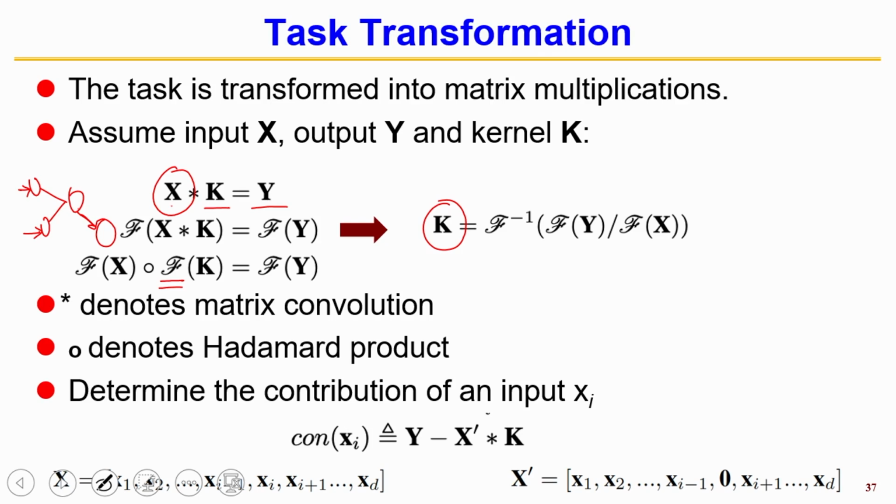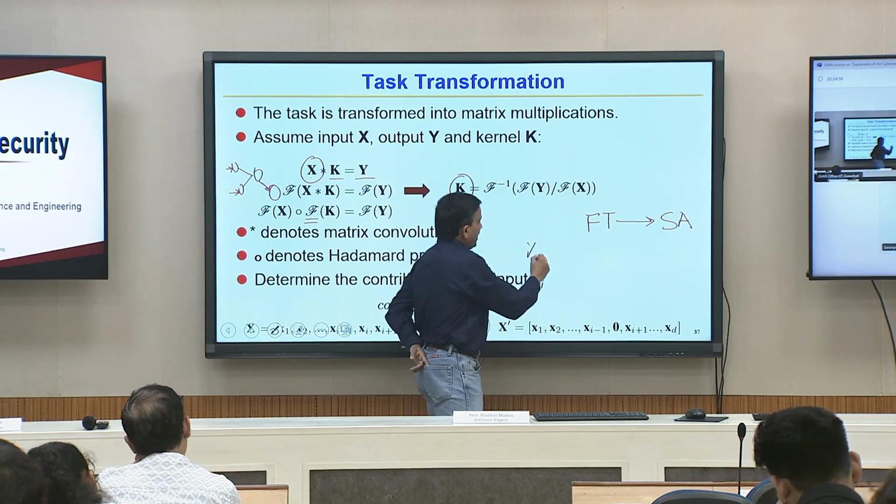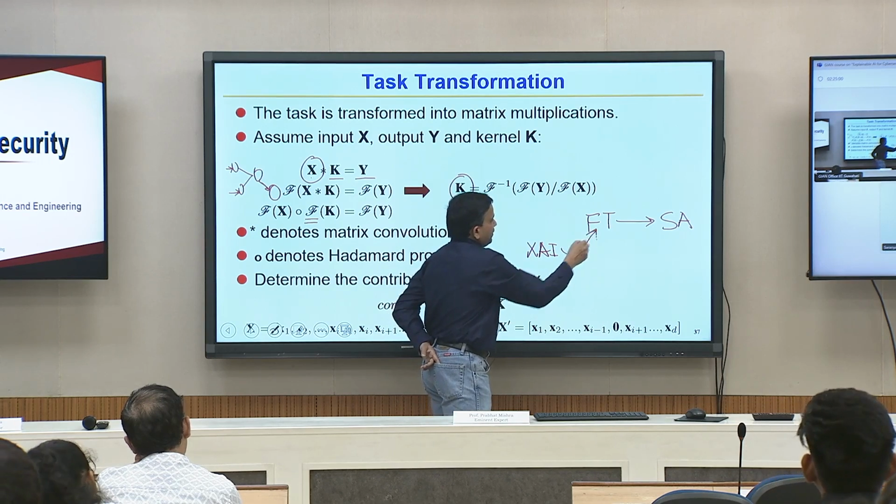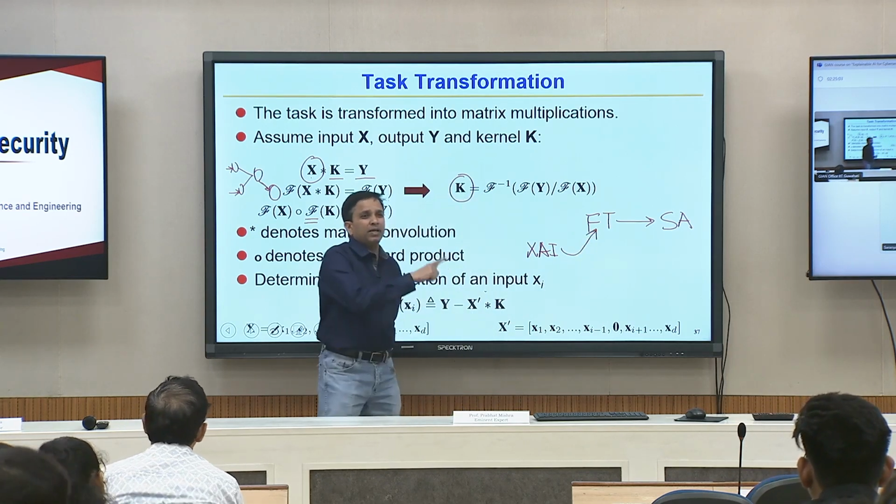So that mapping existed. What we had to do was take the explainable AI model we have, the distillation model, and if we can map it to Fourier transform, then we can make use of it.